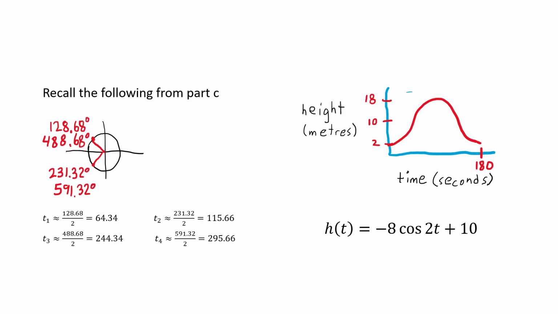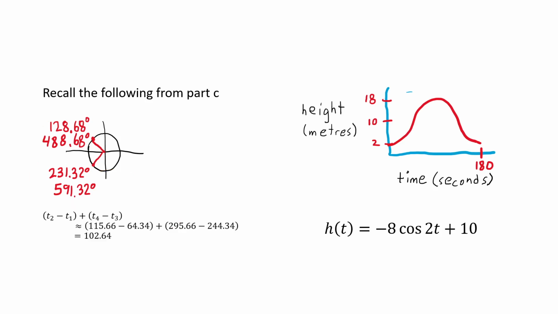So the first t is equal to the first angle divided by 2. The second t is equal to the second angle divided by 2. The third t is equal to the third angle divided by 2. And the fourth t is equal to the fourth angle divided by 2. And we get those times shown there.